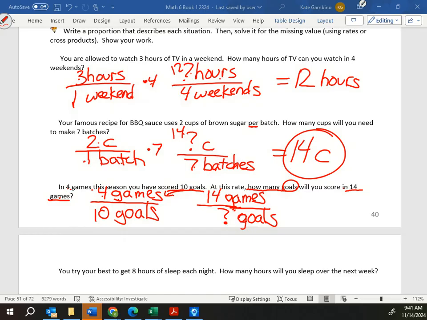I'm going to put in 14 divided by 4 gets me what number, Nolan? 3.5. If you do 14 and you divide it by 4, you get 3.5. So that tells me to multiply up 4 times 3.5, I'm going to get what? 14. Now I know what to multiply my other number by.